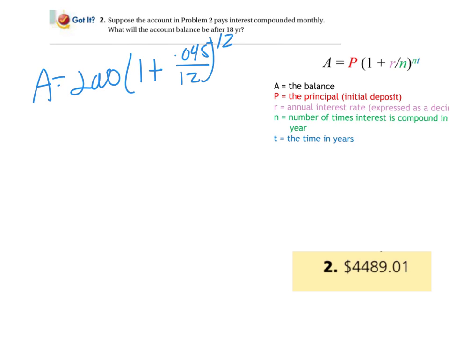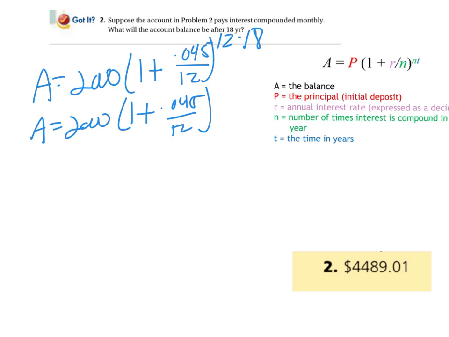And that's 12 times a year, times 18 years still. So A equals 2,000 times 1 plus 0.045 over 12 raised to the 216th power.